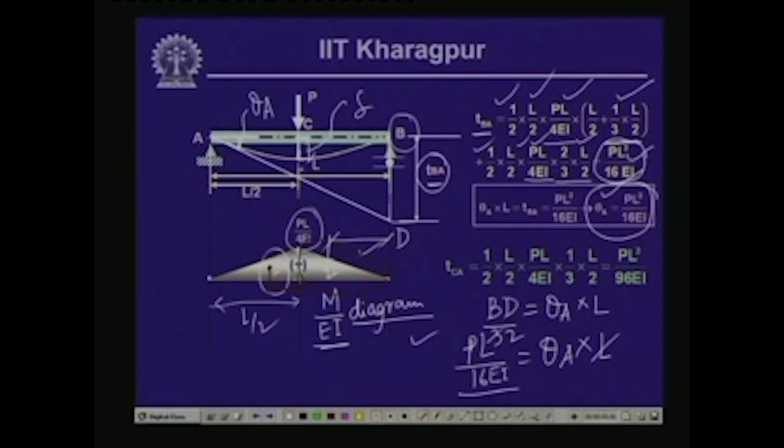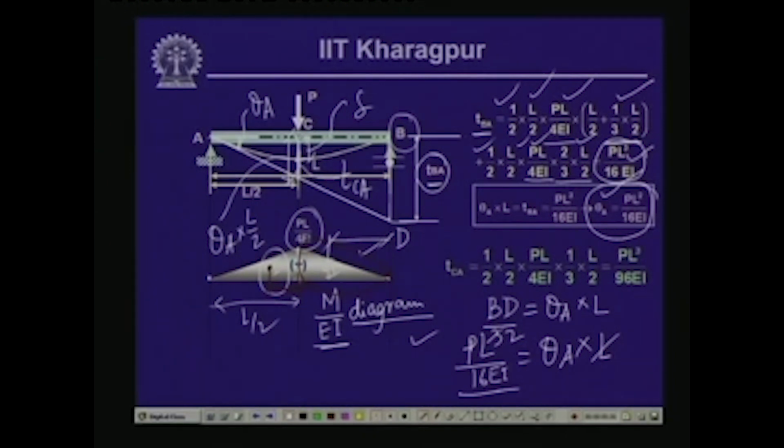At this particular point, again we try to compute the tangential deviation of this point with reference to the tangent drawn at A, and this we call TCA, the tangential deviation of point C with respect to the tangent drawn at A. The whole distance from this center to this particular point, we can get this length as theta A multiplied by L by 2.